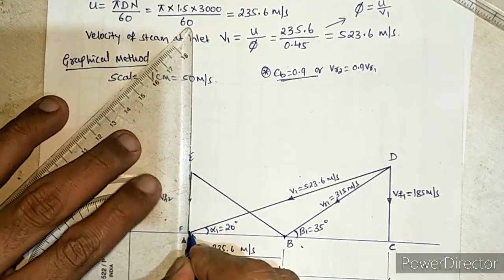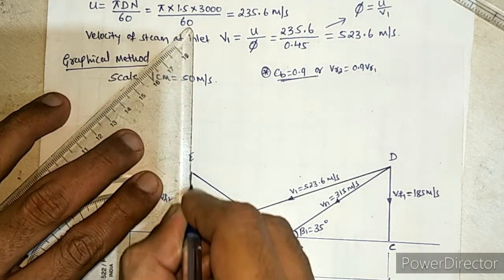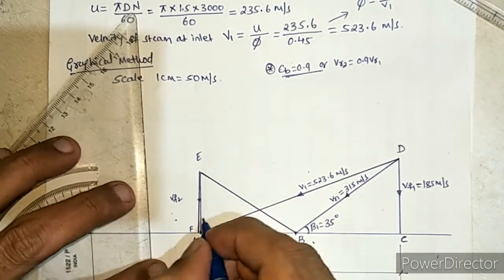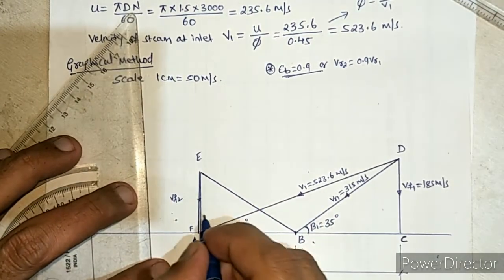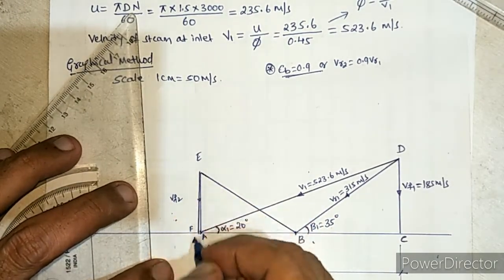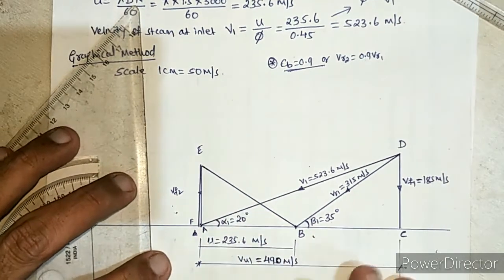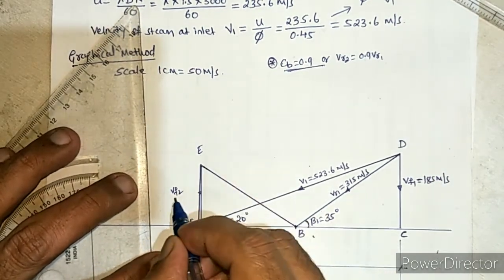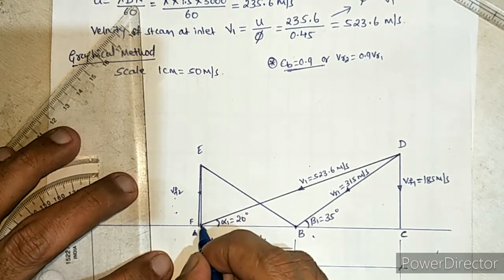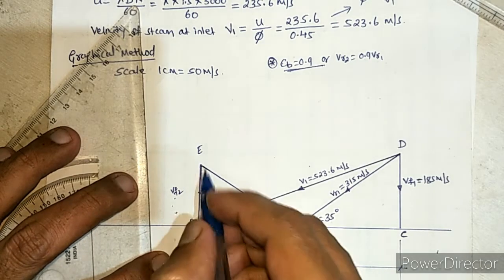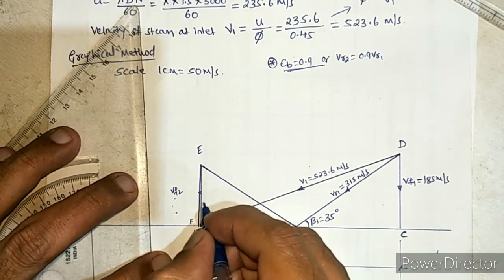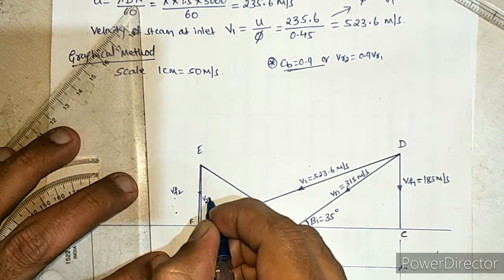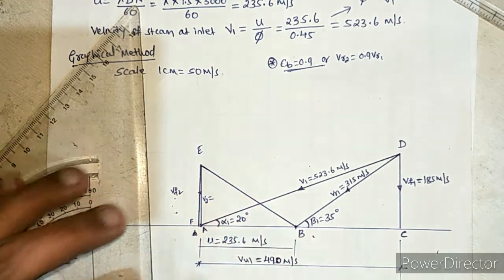So now I'm going to join these two. This vertical line coming down from point E is VF2. After that I am going to join a line AE, and that is nothing but V2.